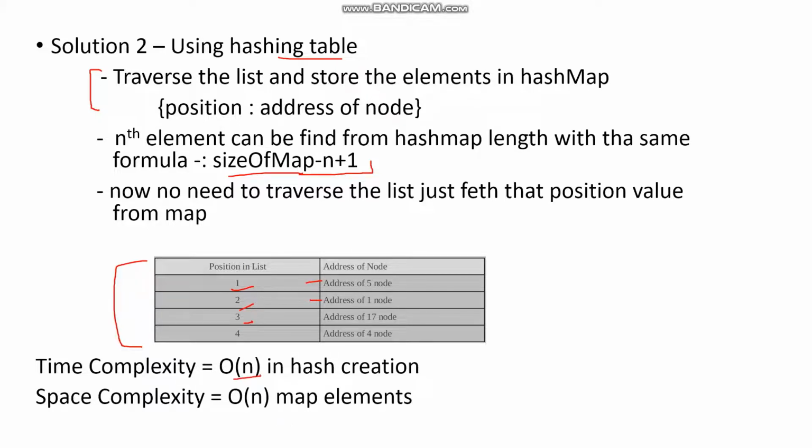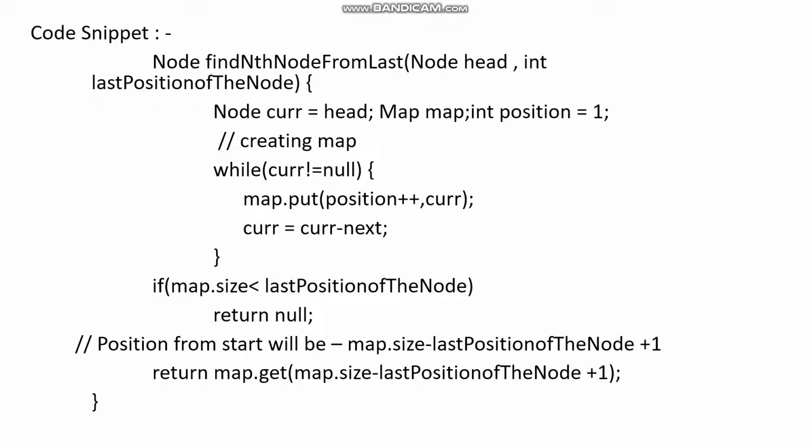O(n) for the creation of the hash map, and also O(n) space complexity, because we are creating n elements in the hash map. So this is the code for the algorithm. Here we are preparing the map, traversing the linked list, and creating the map with the position and address of the nodes.